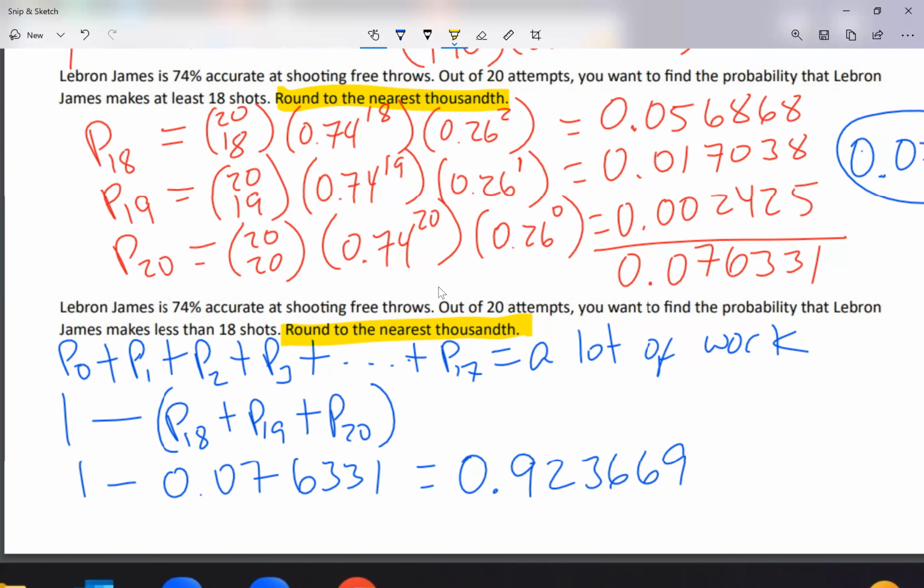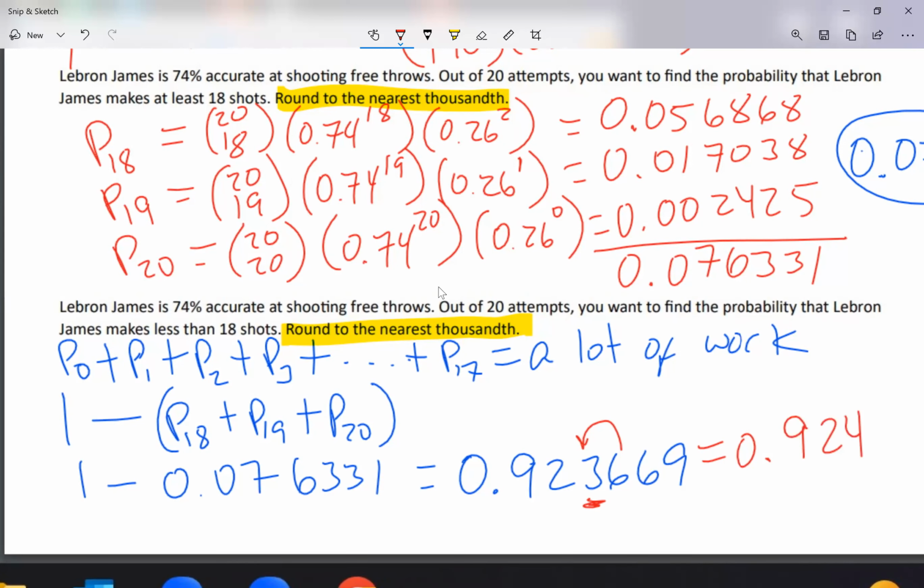So my answer will be, it changes to red so we see a difference here, 0. And I'm going to this place, right? This 6 is big enough, so it's going to move it up. So my answer would be 0.924.